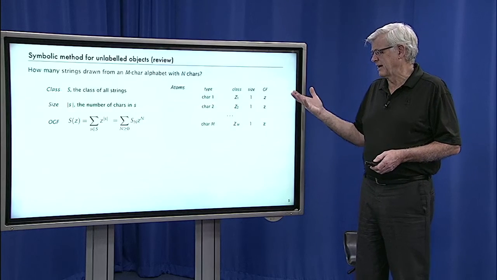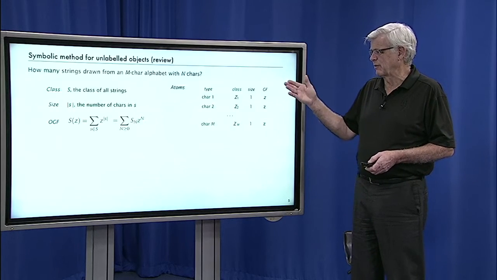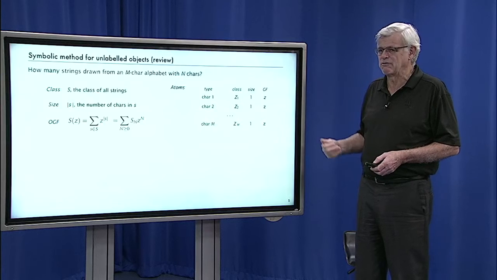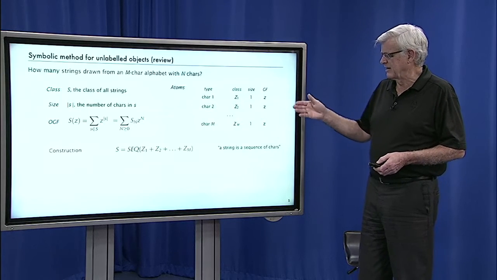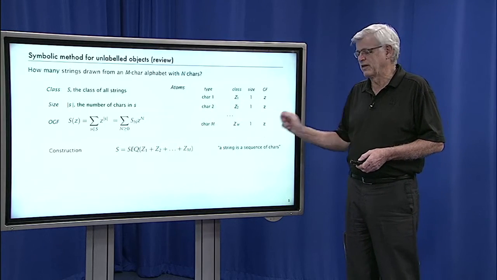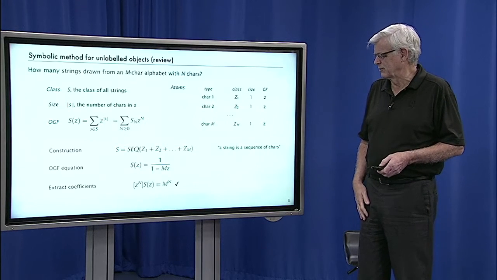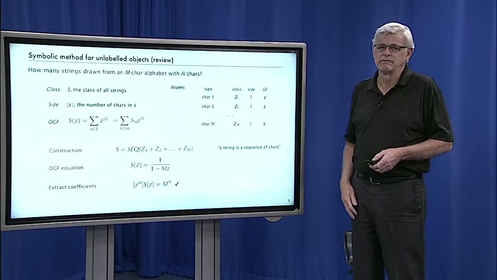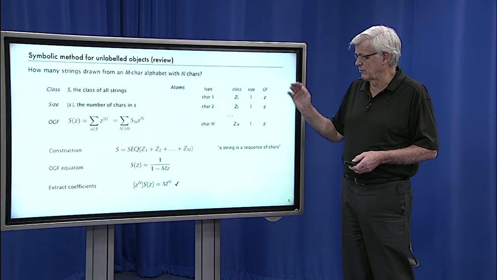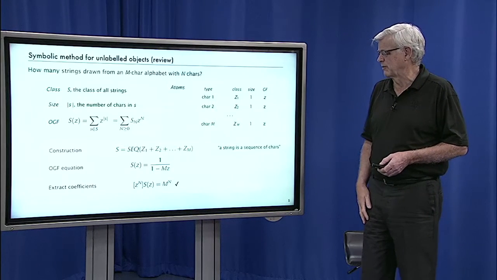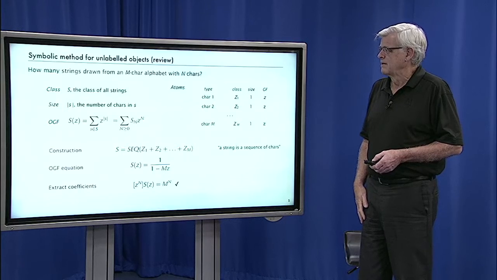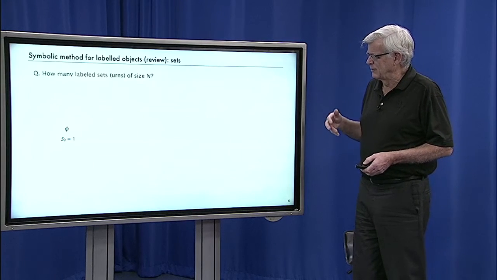Now, that extends to how many strings are drawn from an m character alphabet. In that case, it's a sequence of one of the m characters, which is 1 over 1 minus mz. So that gives us m to the n as the number of strings drawn from an m character alphabet that have n characters. So how's that related to words?